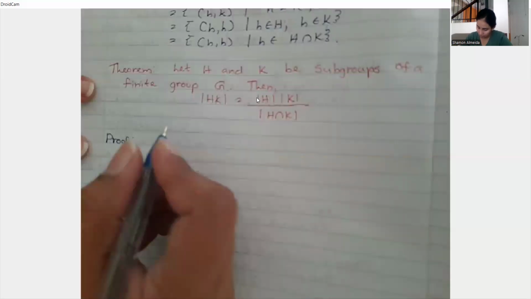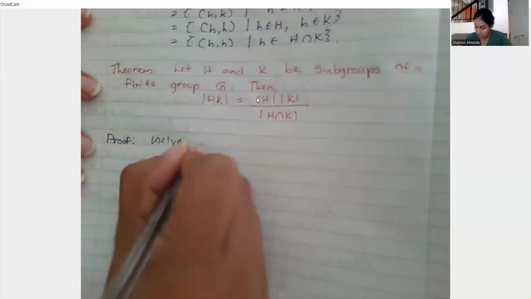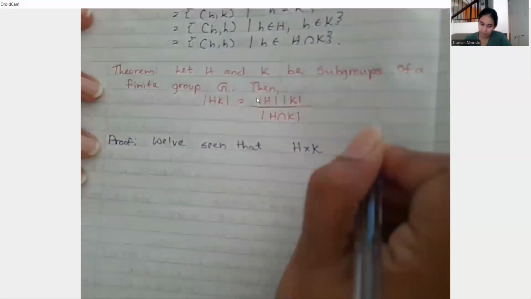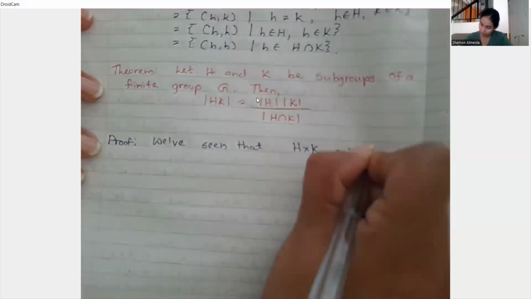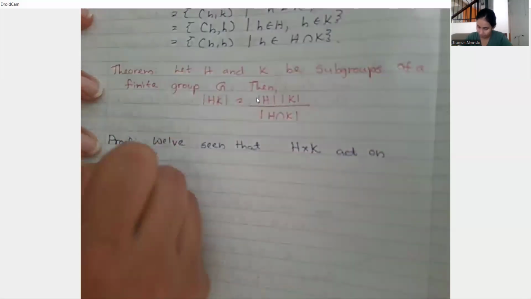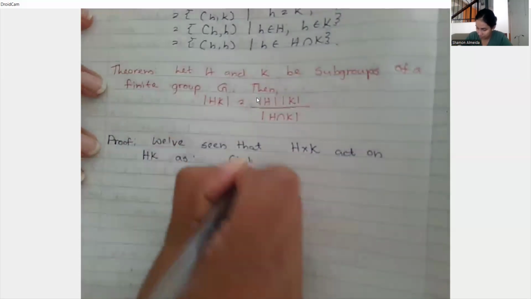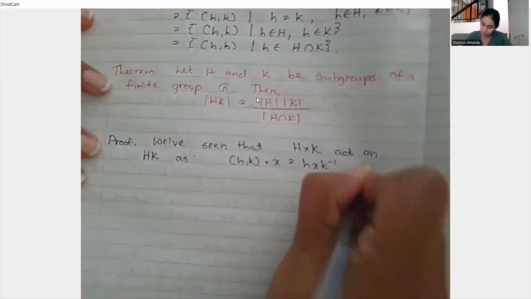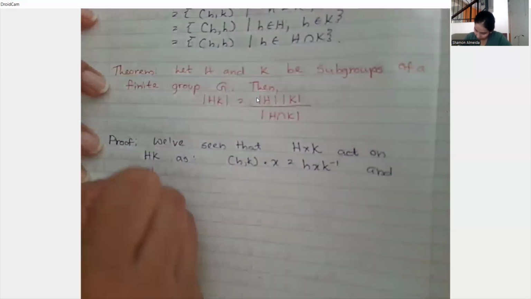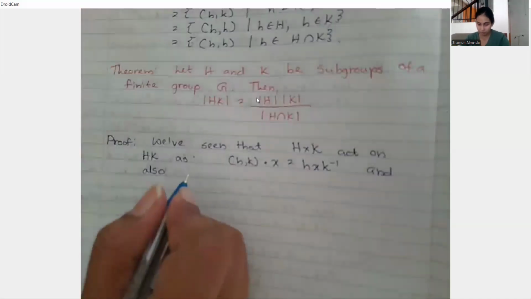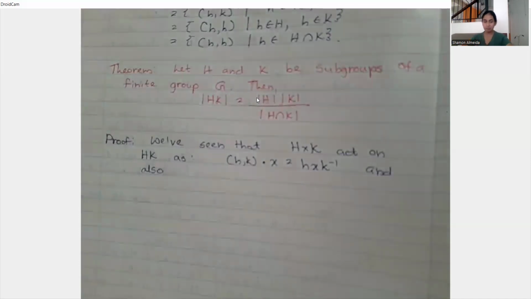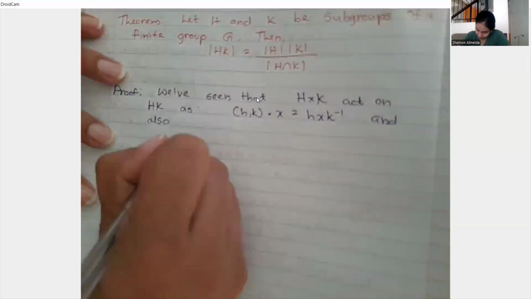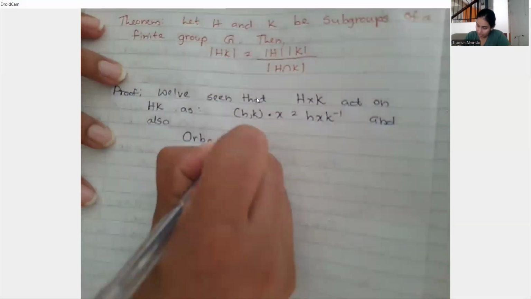Right. So let me write, we've seen that H cross K acts on HK as (h, k) dot x equals h x k inverse, and also we have seen that the orbit of the identity is the entire set HK.